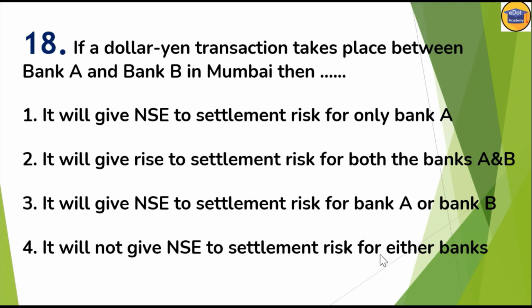All statements are not correct here. It will give settlement risk for both bank A and B. Okay, because both banks will have the risk of settlement: bank A is dealing with the dollar and bank B is dealing with yen, so bank A must be located in US, and bank B must be located in Japan. And settlement is taking place in Mumbai, so they are having settlement risk. Both are having settlement risk because they are dealing in Mumbai.